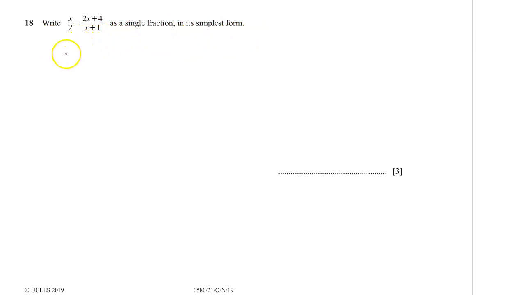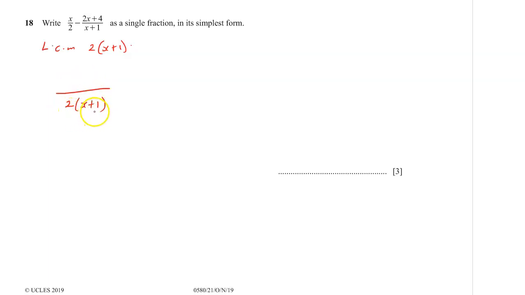So what you need to do is remove the minus, and therefore we need the LCM, the least common multiple, which is 2x plus 1.